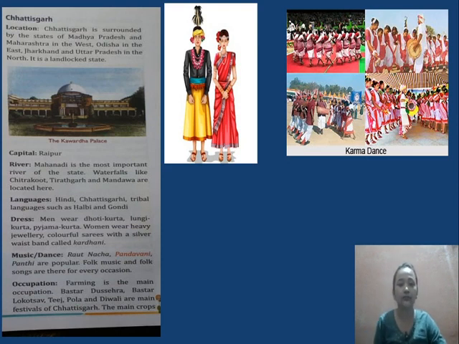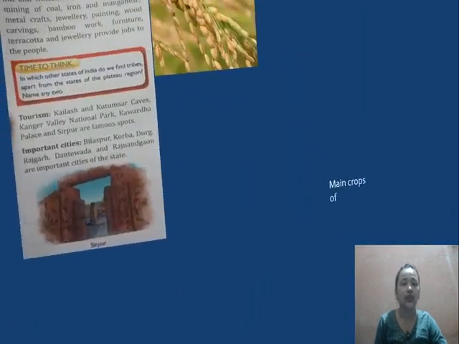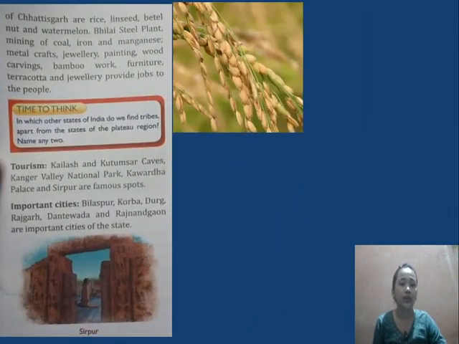Now the main crops of Chhattisgarh are rice, as you can see in the image, linseed, nuts, watermelon and berries, and there is mining of coal, iron and magnesium.